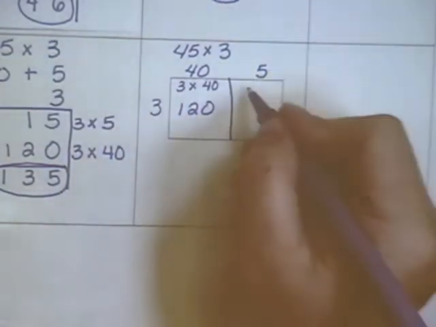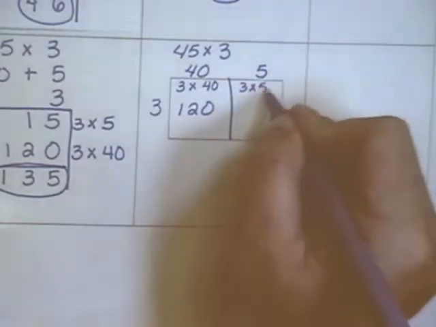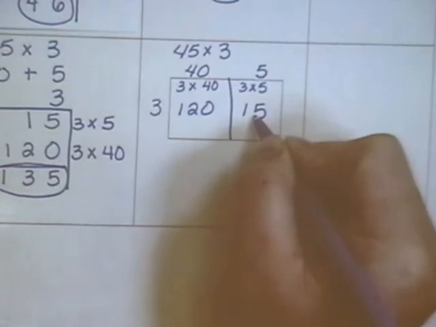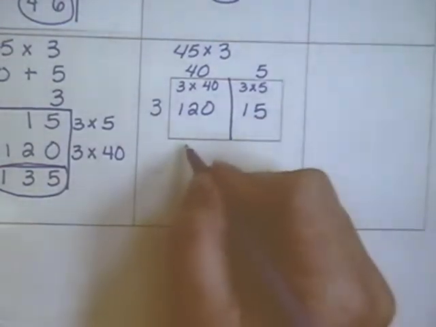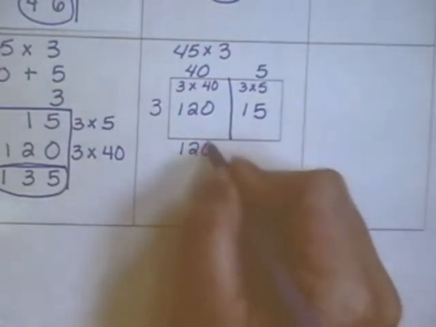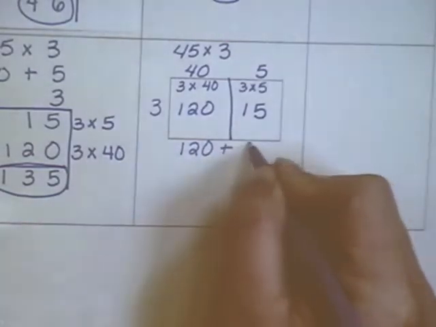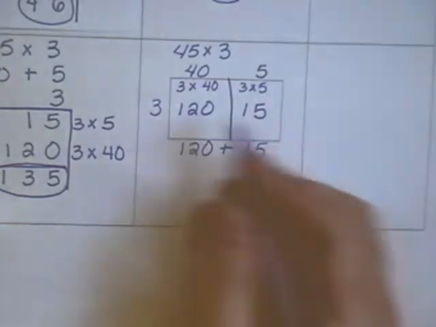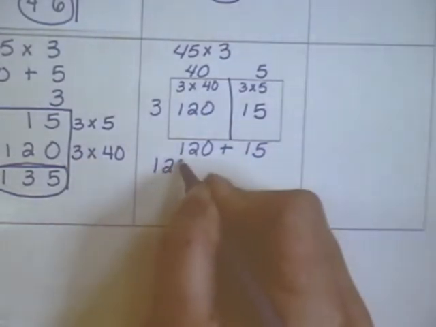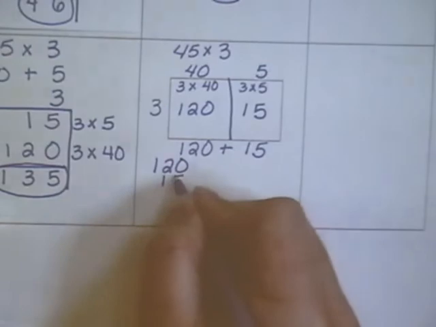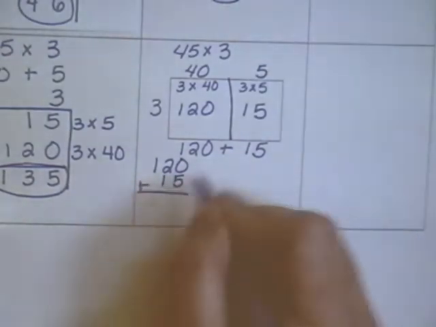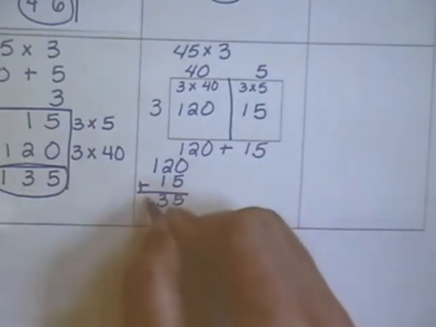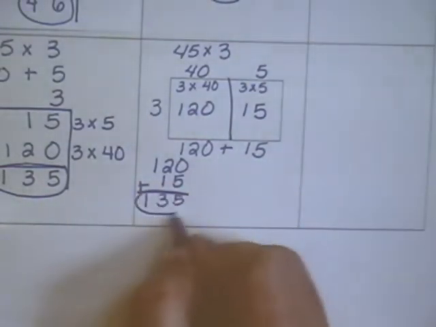In my second box, I'm saying 3 times 5. 3 times 5 is 15. Now I'm going to take these out of my generic rectangle, 120 plus 15. Because this is a more difficult problem, I'm going to also write it vertically. 0 plus 5 is 5, 2 plus 1 is 3, 1 plus nothing is my same answer of 135.